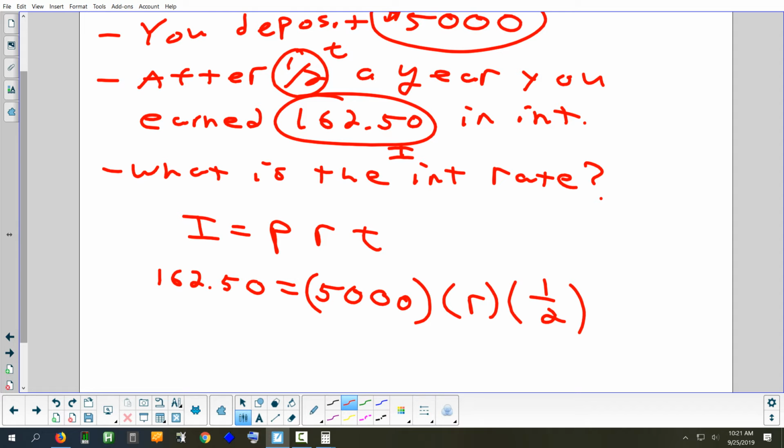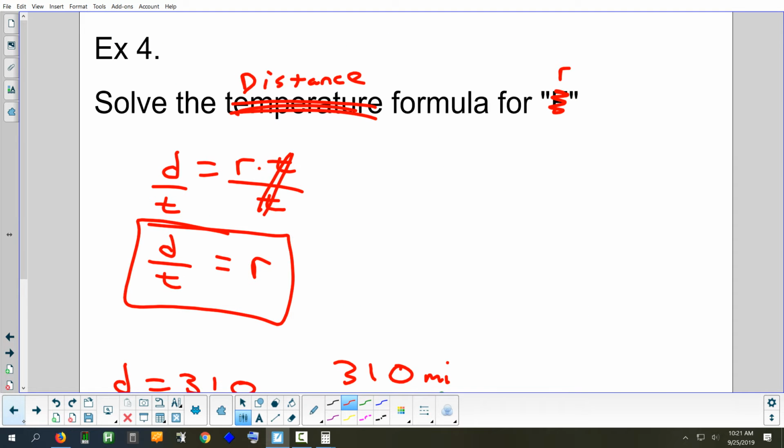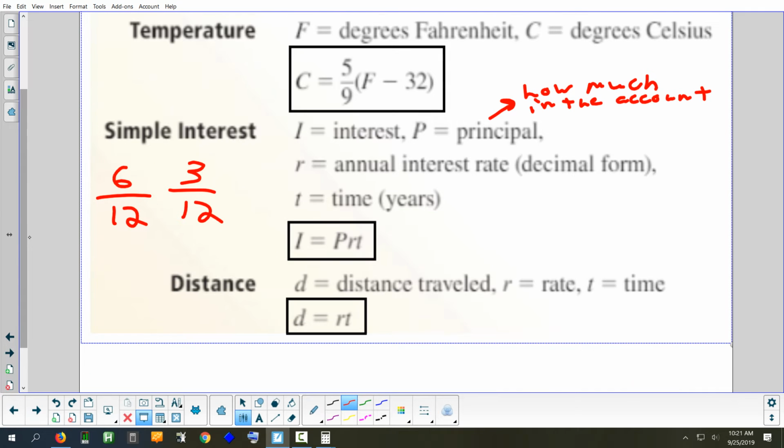Now, before we solve this, I want to go back and look at this formula. What does it say about the rate? Decimal. Right. When we use this formula to solve for the rate, it's going to give me the rate as a decimal. Do people know what I mean by a decimal versus a percent?